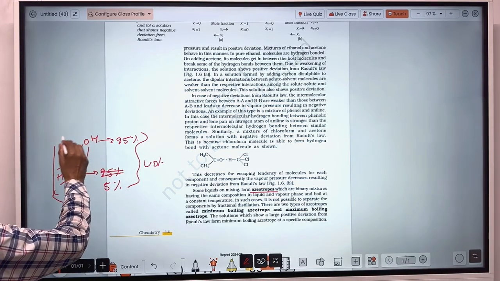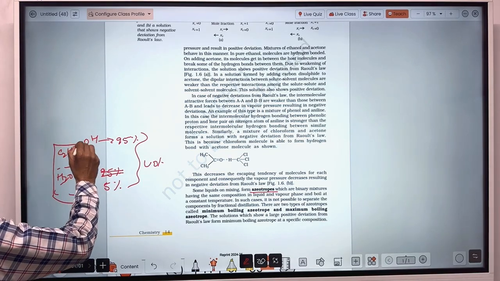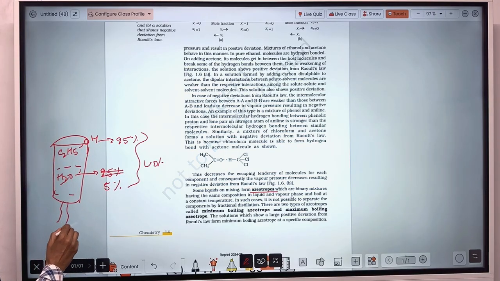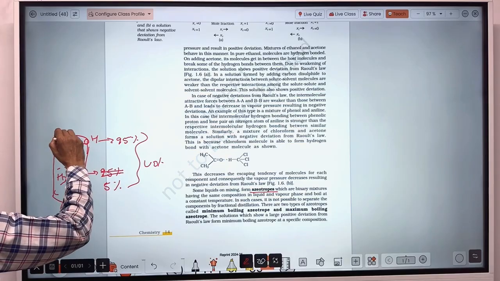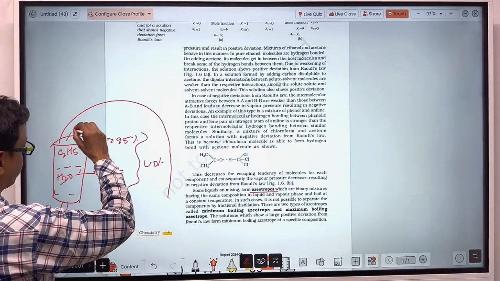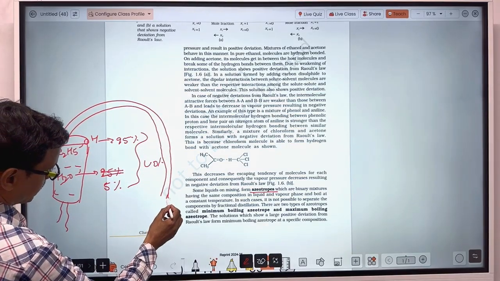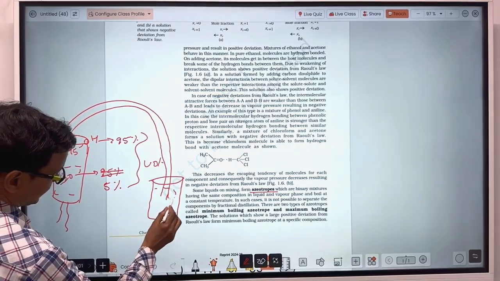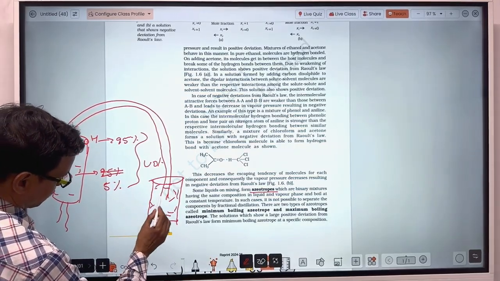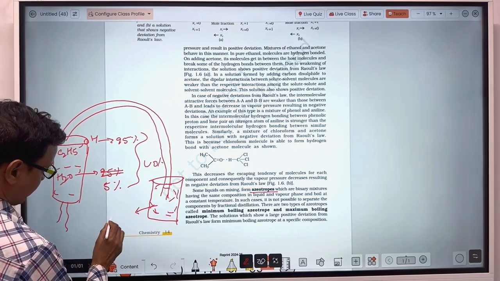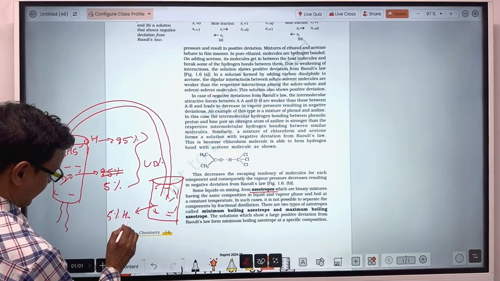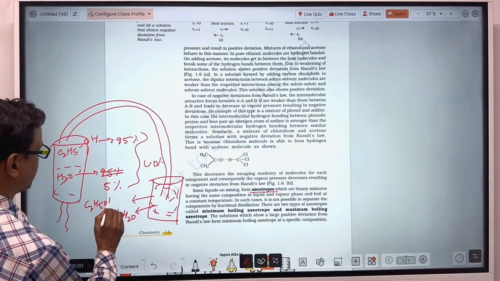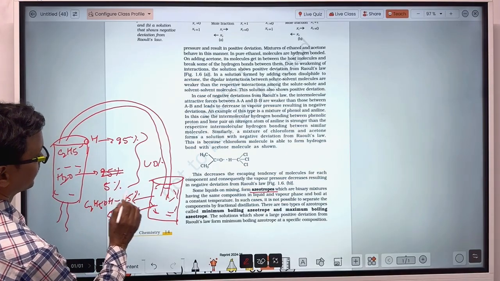So what happens when you heat them? It will go into the vapor phase and will be collected in another container. In this container also the water will be 5% and the ethyl alcohol will be 95%.